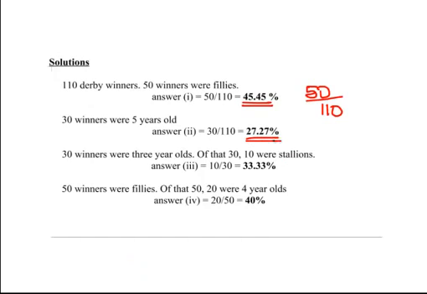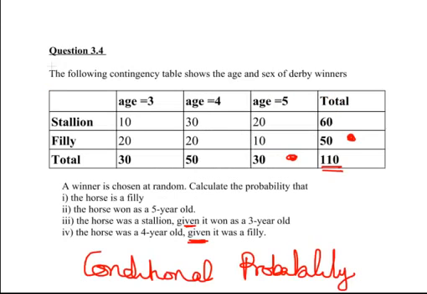Now, 30 winners were 3-year-olds, and of that 30, 10 were stallions. So, based on the contingency table approach, we're looking at the probability that the horse was a stallion, given that it won as a 3-year-old.